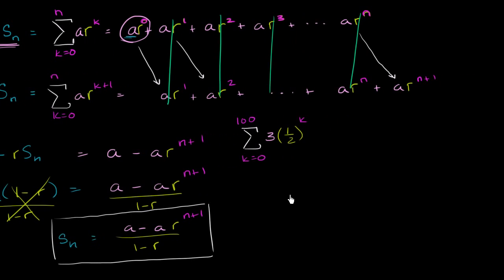And just to visualize what this looks like, the first term is 3 times 1 half to the 0 power, which is just 3. So our first term is 3, as was intended. Plus 3 times 1 half to the first power, 3 times 1 half.